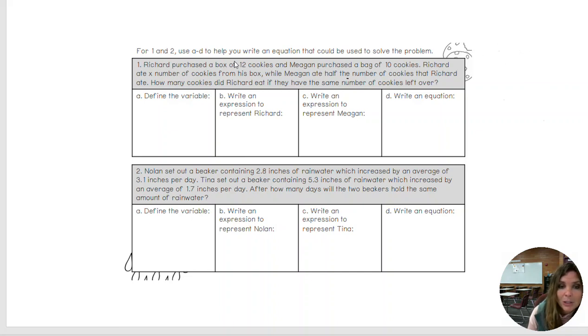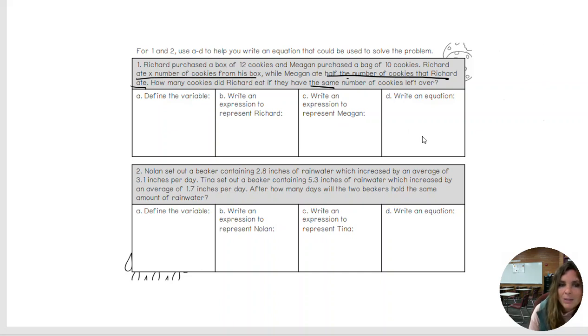So picture Richard with a box of 12 cookies and Megan has a bag of 10. And then it says, Richard ate X number of cookies from his box, while Megan ate half the number of cookies that Richard ate. How many cookies did Richard eat if they have the same number of cookies left over?